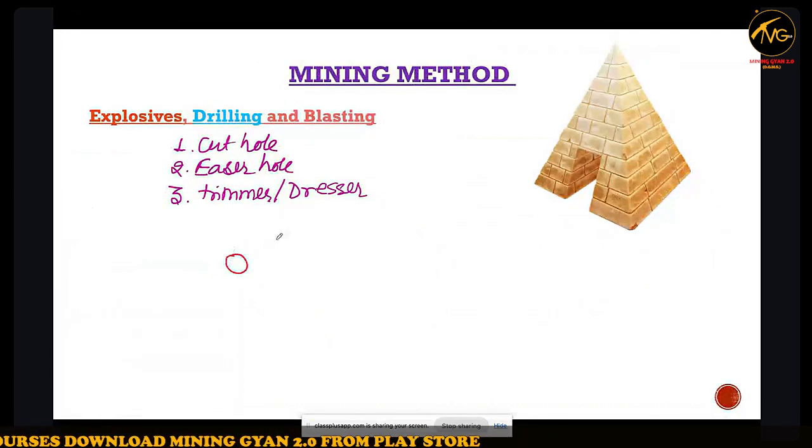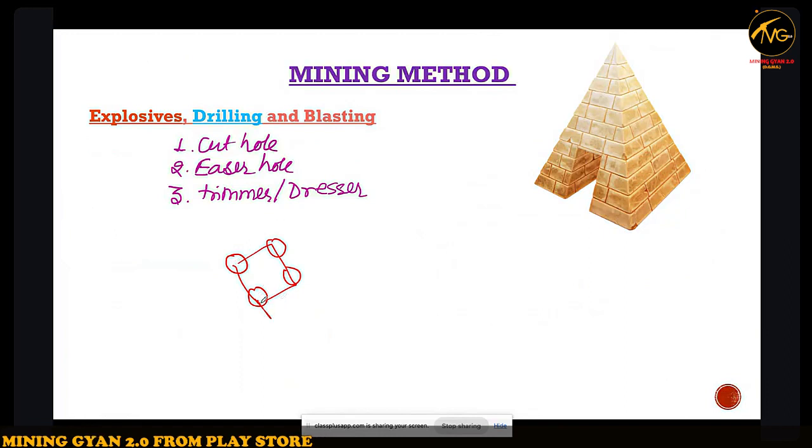So these are the holes. The distance between these two holes is 0.7 meter to 1 meter. Okay, the sides of the square maybe.